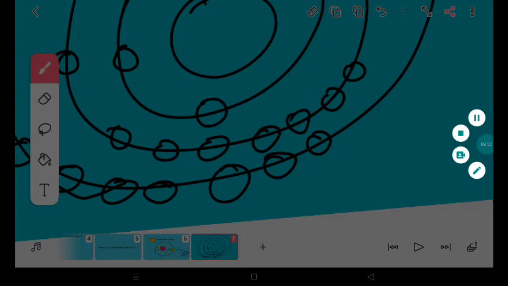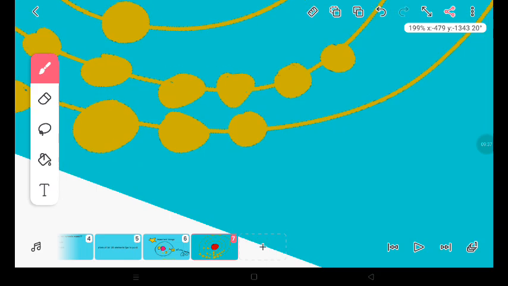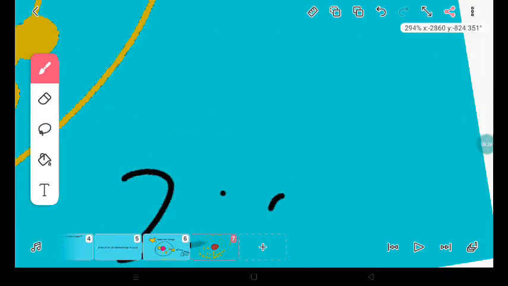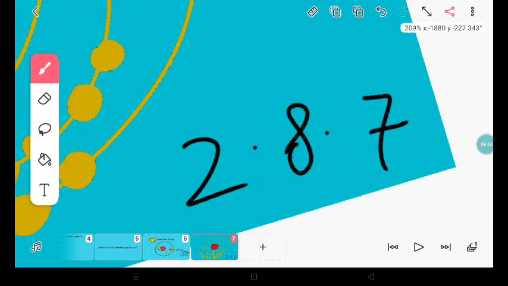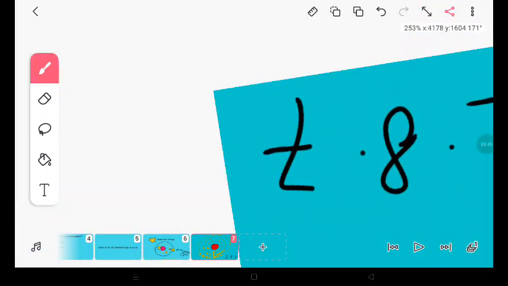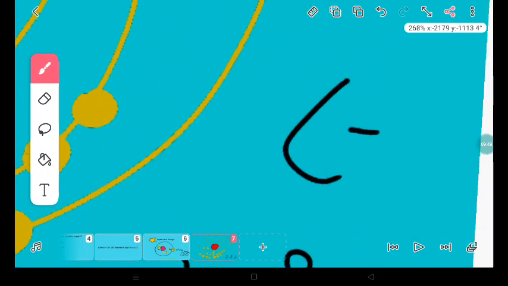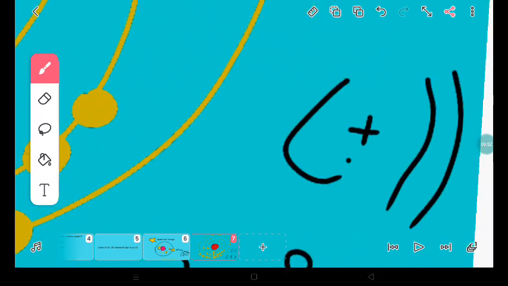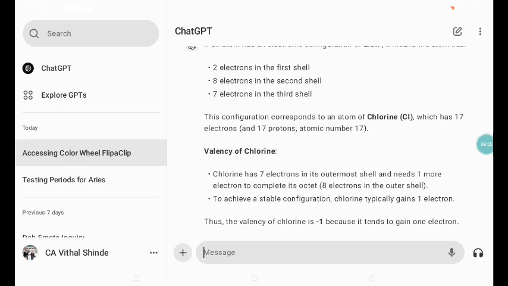What if the electronic configuration of this atom is 2, 8, 7? It just needs one more electron to be in stable state. In that case, the valency will not be +1, it will be -1.